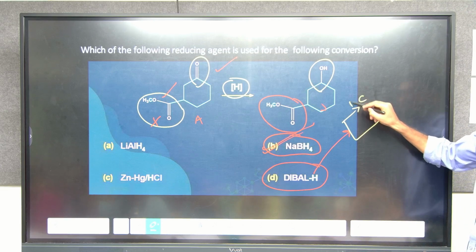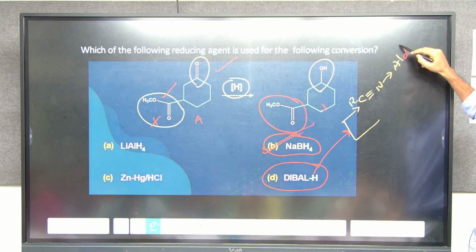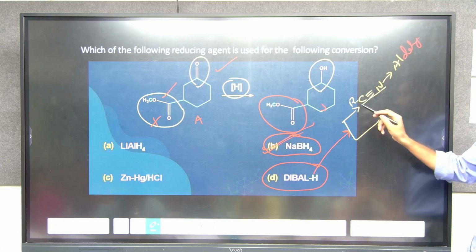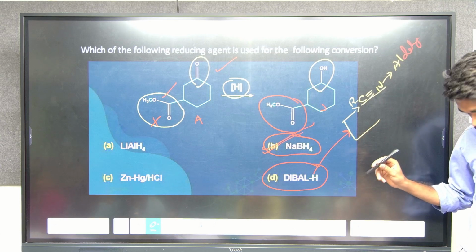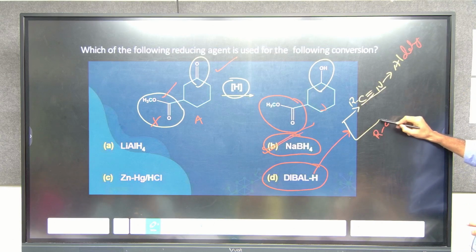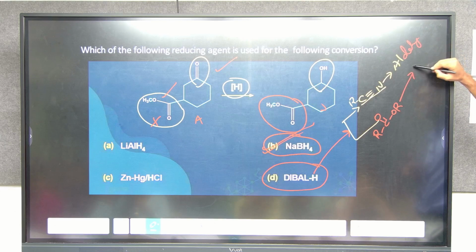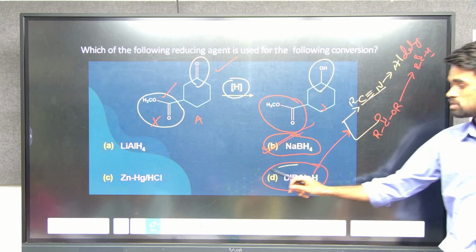Conversion of alkyl cyanides to aldehydes. Not only cyanides but also esters. Conversion of esters. Like this is the ester functional group. It converts into aldehydes like RCHO. Like this you will get. So just remove this OR and replace it with hydrogen. So that is the use of DIBAL-H.